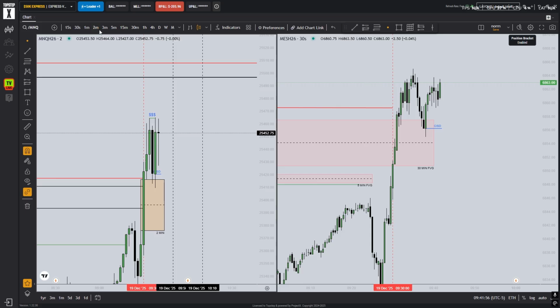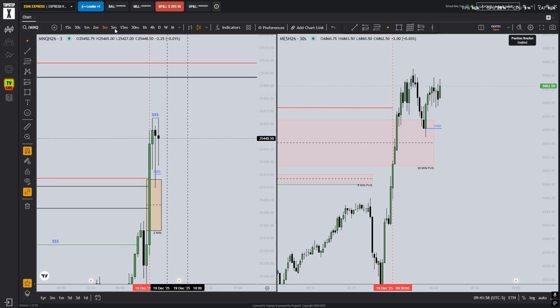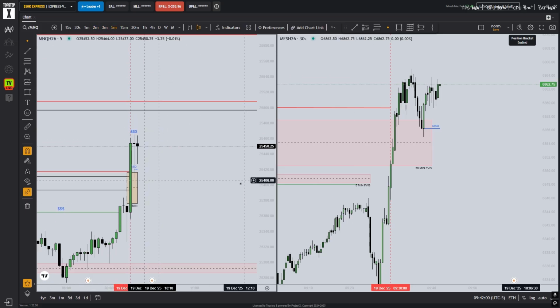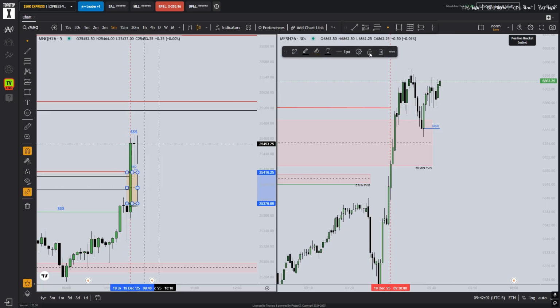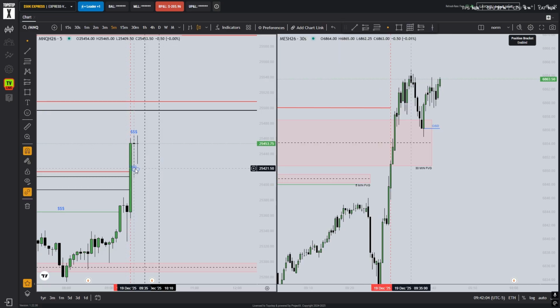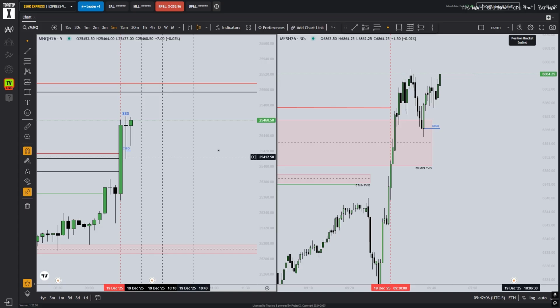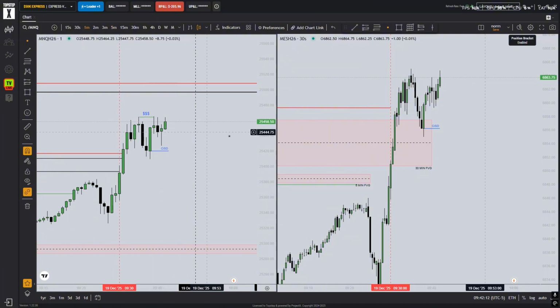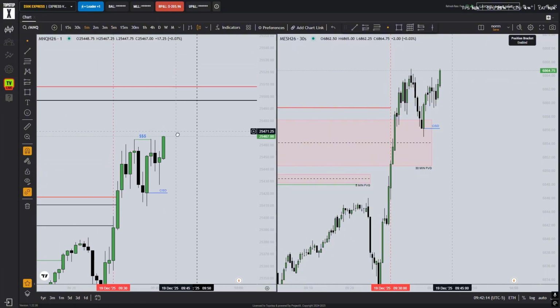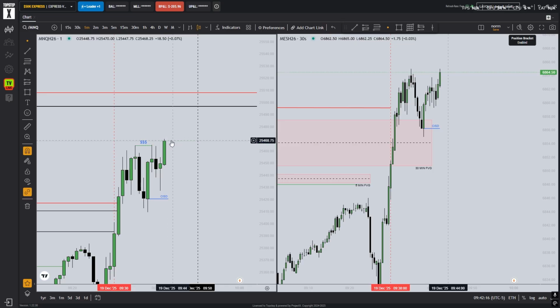All this is trying to do is just fill a 2-minute, fill a 3-minute, create the 5-minute. So we're gonna erase that. See exactly what I was saying. We'll take out that high again.